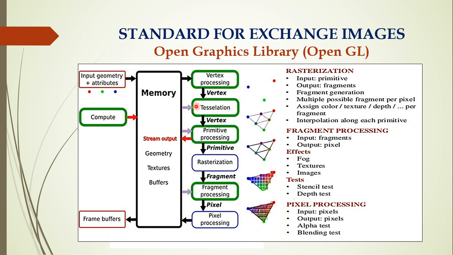Next step is tessellation. Tessellation means arrangement of these primitives in an orderly manner. Initially I have just created 3 vertices. Now I am creating some intermediate nodes, some midpoint nodes, with the help of these primitives.